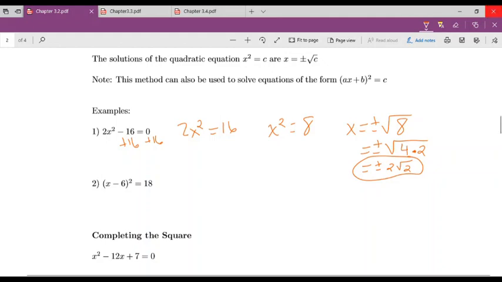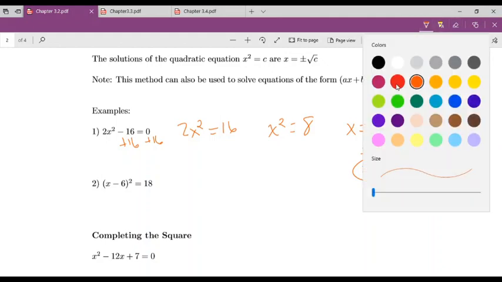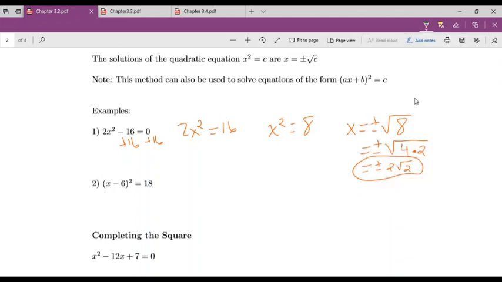Now, like it says, what you can do with this next one is go ahead and take the square root at the beginning if that's how it's set up. So here, I can change this to x minus 6 equals plus or minus the square root of 18. Okay. Now, 18 breaks up into 9 and 2, and 9 has a square root.